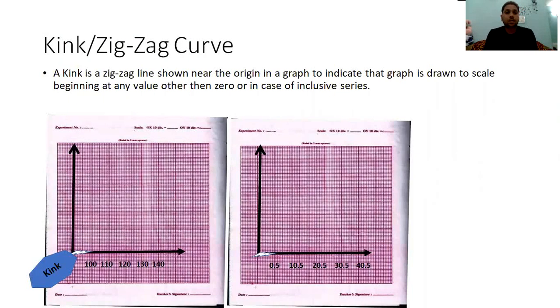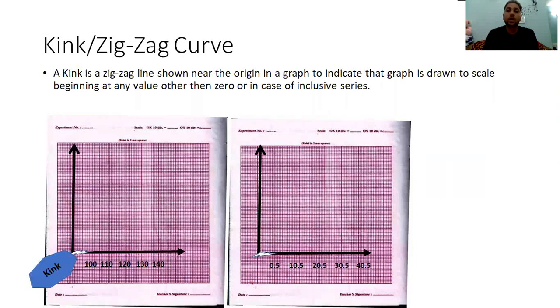What does the term kink or zigzag curve mean in graphical representation? A kink is basically a zigzag line shown near the origin in a graph to indicate that the graph is drawn to scale beginning at a value other than 0.